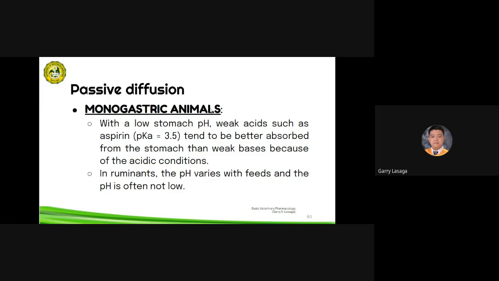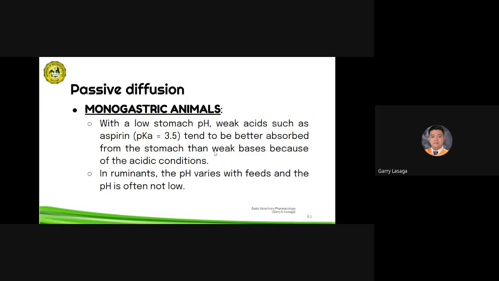For monogastric animals such as dogs and humans, we have a low stomach pH. Weak acids such as aspirin with a pKa of 3.5 tend to be better absorbed from the stomach than weak bases because of the acidic conditions. So the stomach has a pH of about 1 to 3, and aspirin is a weak acid.